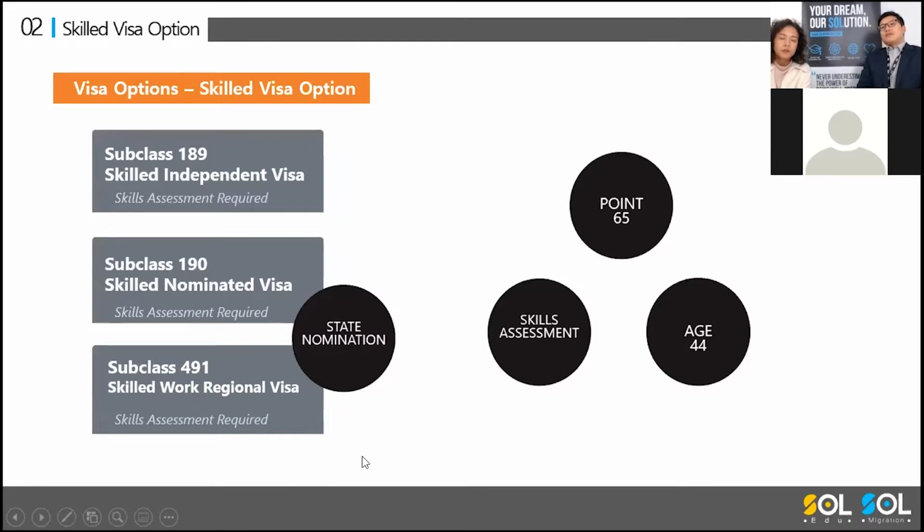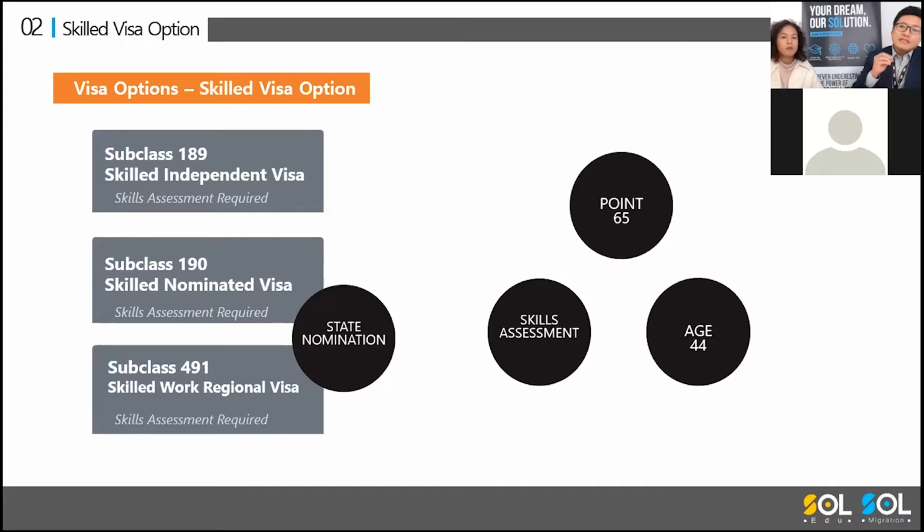Let's talk about the skilled visa option first. Before I touch each individual visa, I will explain the common requirements for the skilled visa area, and you must understand and clearly know those common requirements. As you are preparing for the skilled visa options, you must understand this skilled visa operates based on the point system.